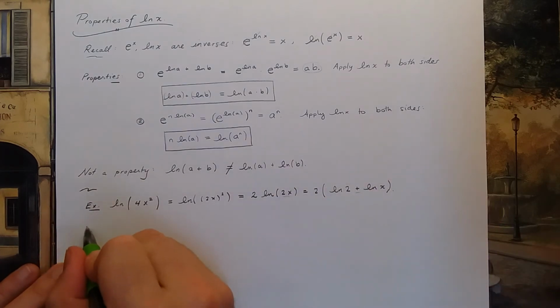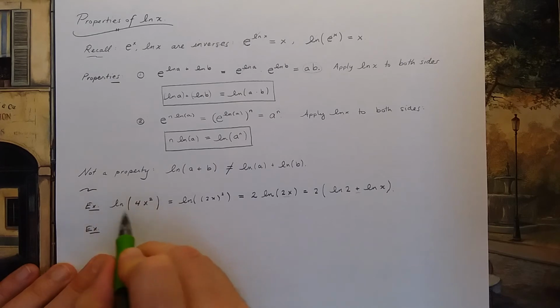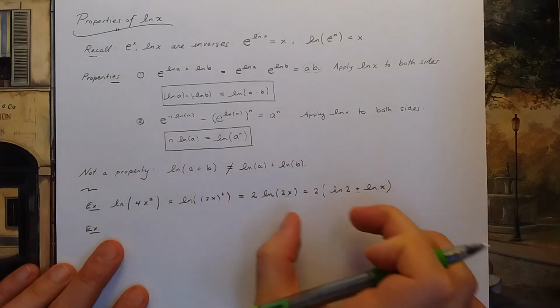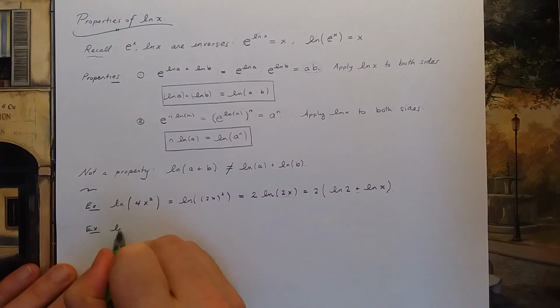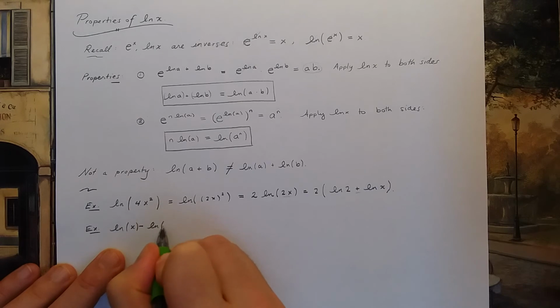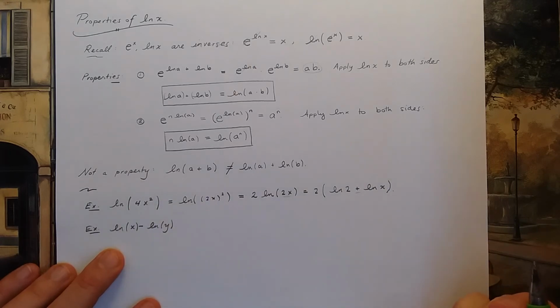Let's do another example. In this first example, I took an expression and kind of made it bigger. Let me take a bigger expression and maybe make it smaller. What if I had log x minus log y?